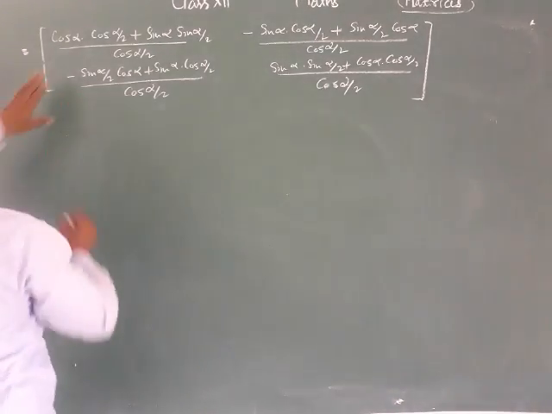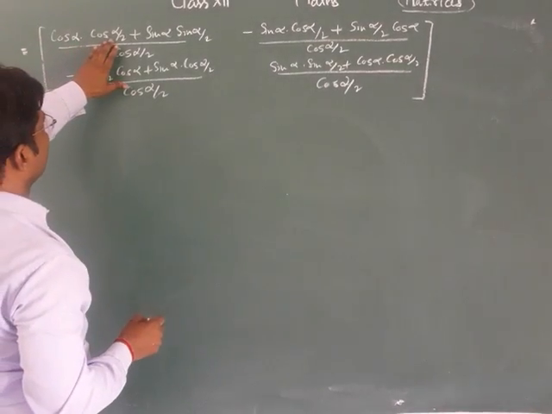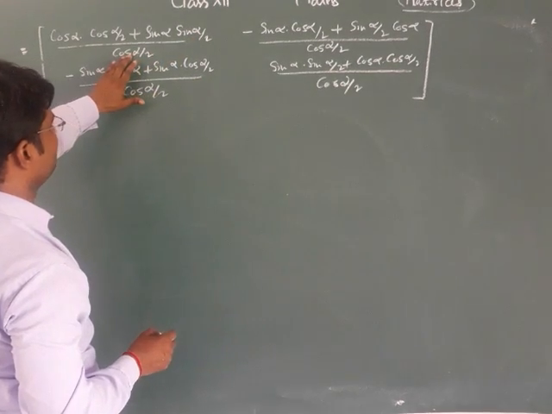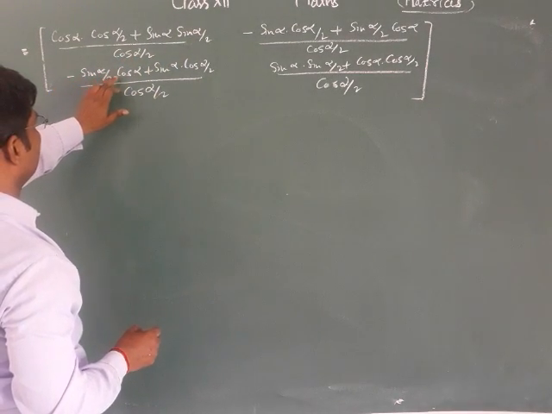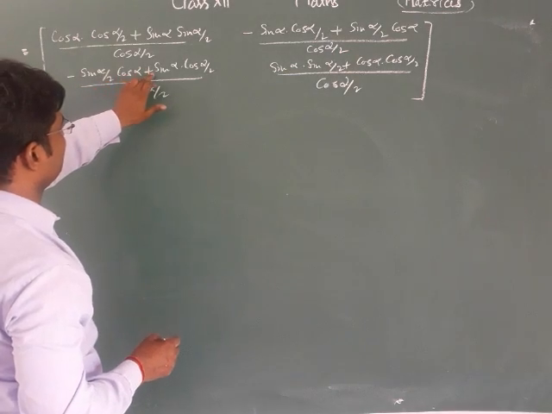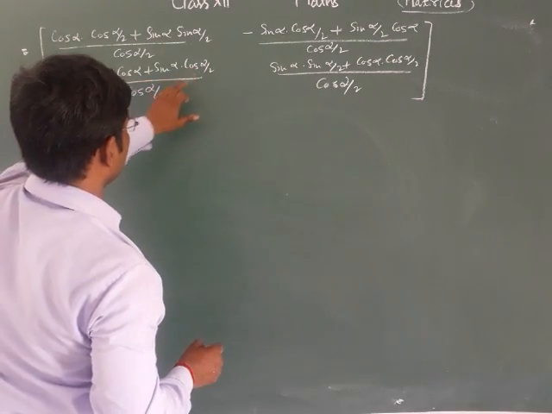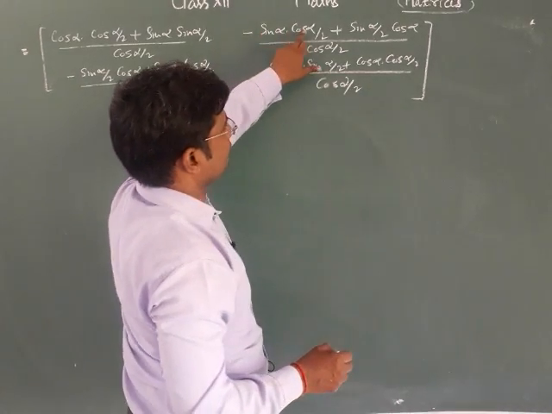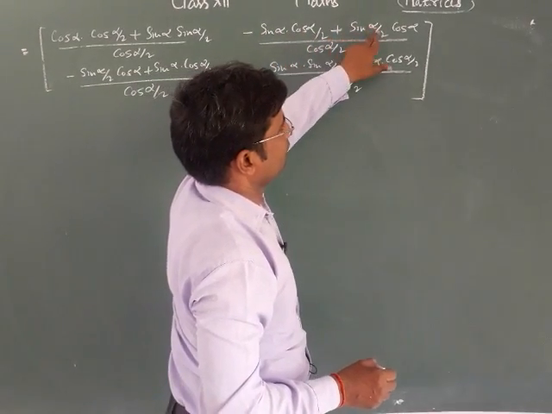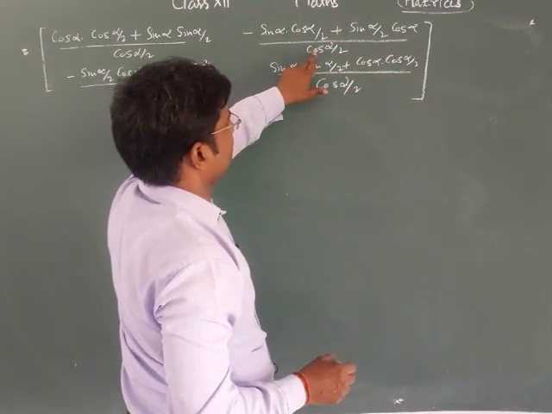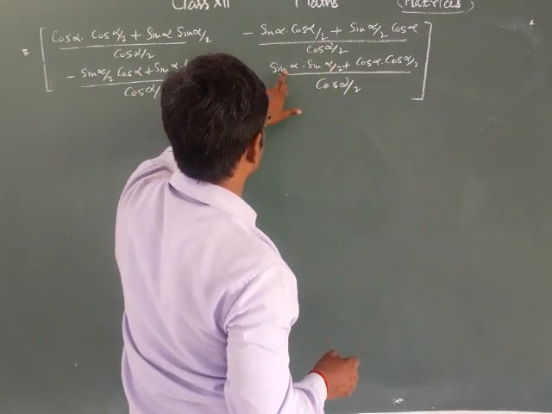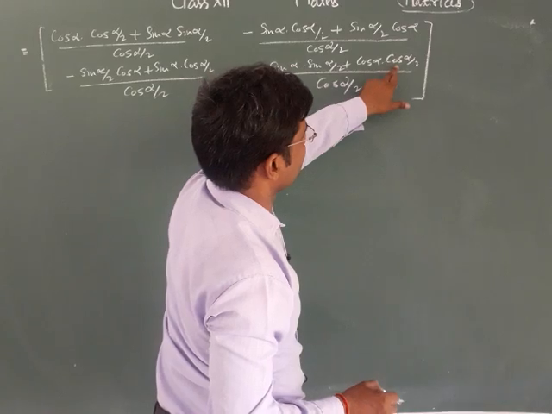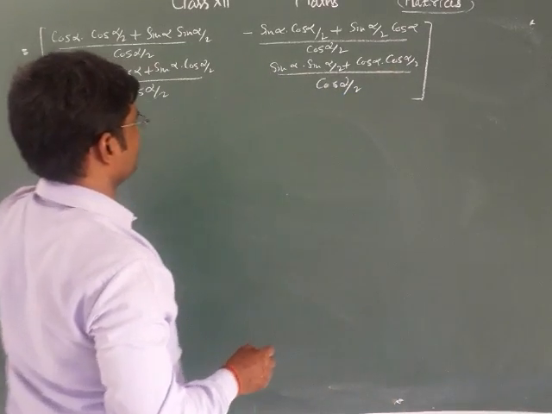So equal to cos alpha cos alpha by 2 plus sin alpha sin alpha by 2 upon cos alpha by 2, minus sin alpha cos alpha by 2 plus cos alpha sin alpha by 2 upon cos alpha by 2, and sin alpha cos alpha by 2 minus sin alpha by 2 cos alpha, and sin alpha sin alpha by 2 plus cos alpha cos alpha by 2 upon cos alpha by 2.